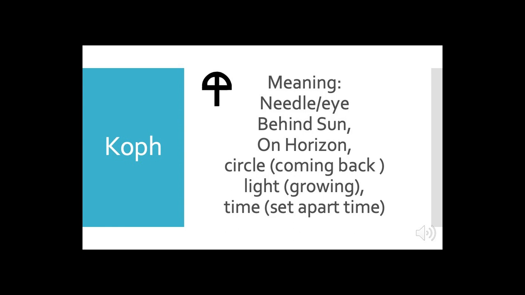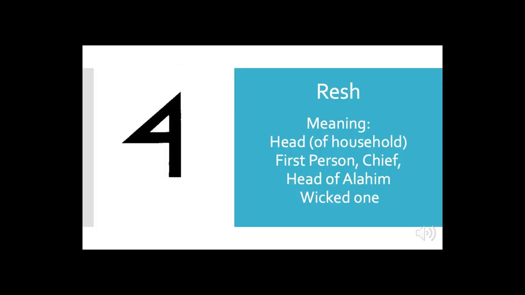We'll take a quick look now at the main meaning for Resh and the additional meanings. The main meaning is head, like head of a household. The additional concepts and meanings are first person, headship, the chief, head of Elohim, the wicked one.